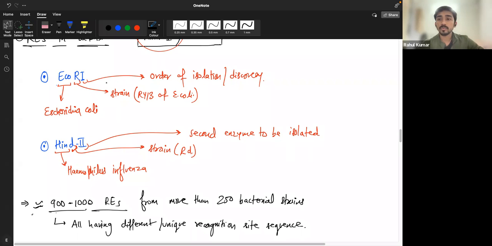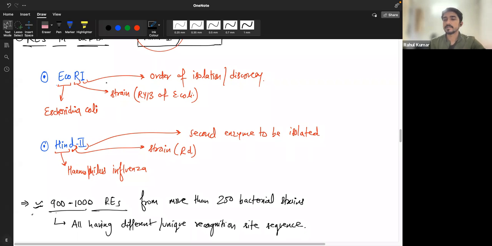So let's say you want to use EcoR1 for your research to cut your gene out. The recognition site of EcoR1 is present before your gene starts and after your gene ends, but also somewhere in the middle of the gene.